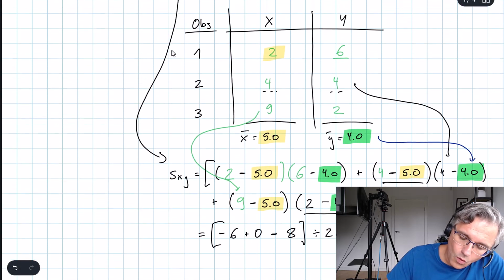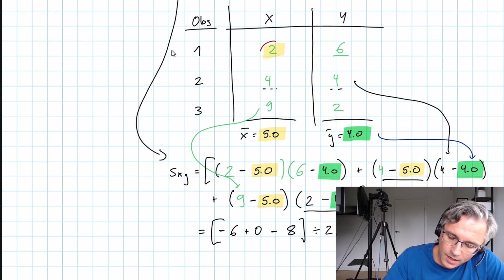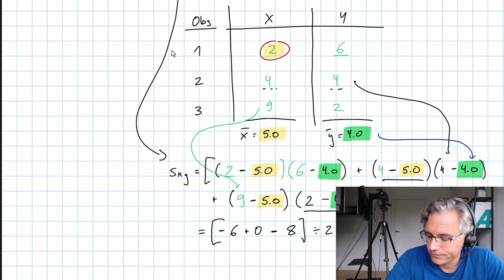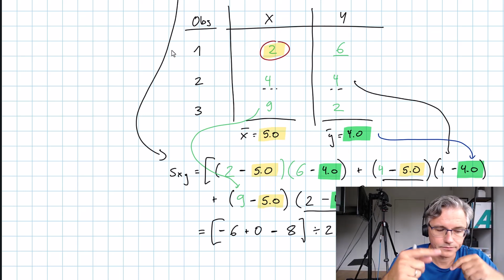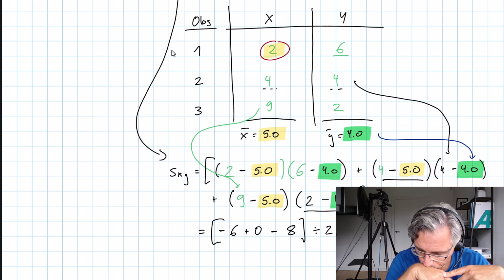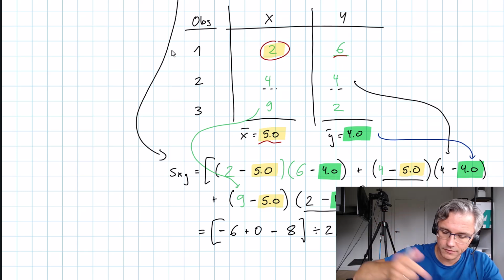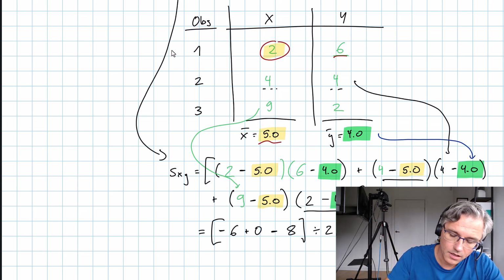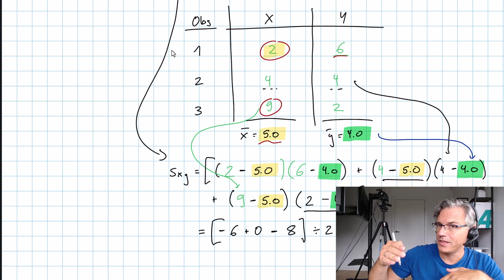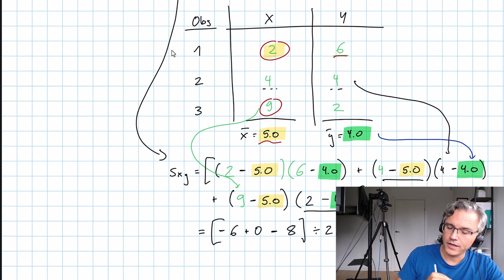Let's see if that's true. You see, when x took on a value of 2, which means below its mean, the mean for x was 5, the other variable, y, took on a value of 6, which was above its mean, and vice versa. When x was at 9, above its mean, y took on a value which was below its mean.